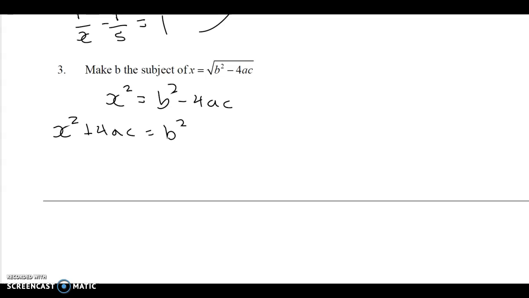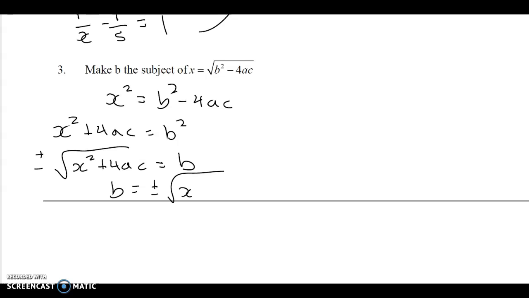And square root both sides. So we get plus or minus the square root of x squared plus 4ac equals b. So b equals plus or minus the square root of x squared plus 4ac. Done. So that's changing the subject of formulas.